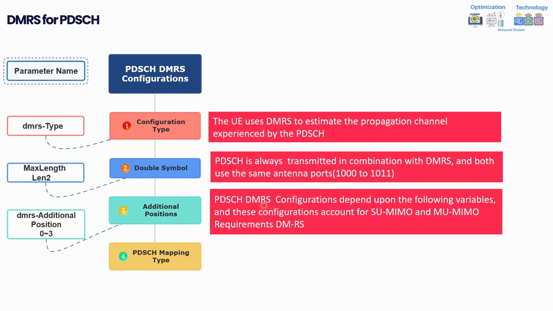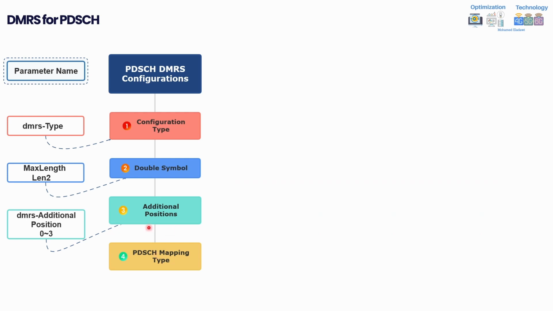This configuration accounts for the single-user MIMO and multi-user MIMO requirements for DMRS. This point may not look clear, but whatever we tune in the network can improve the performance of multi-user MIMO or single-user MIMO. That's why we need to understand the differences between all of these configurations and how to use them to optimize or tune the network. So now let's go through them one by one.